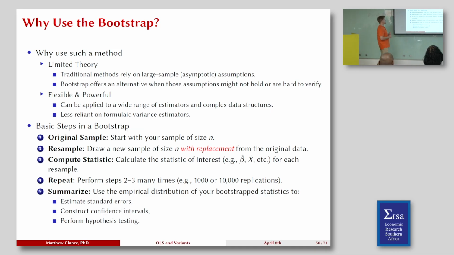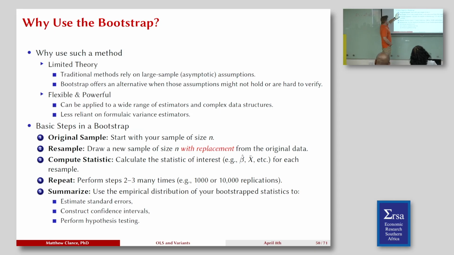One way of doing that is just repeated sampling. So basically we can apply this to a wide range of estimators and complex data structures. And we don't have to focus so much on the exact variance estimators from models that we could try to derive, but we might not get the perfect answer in that outcome.